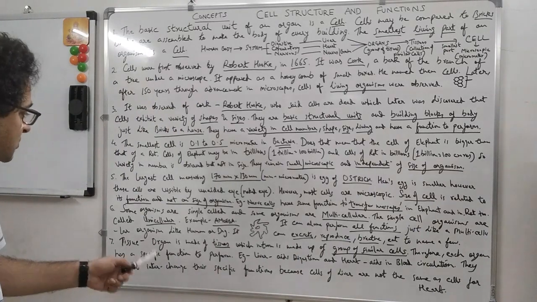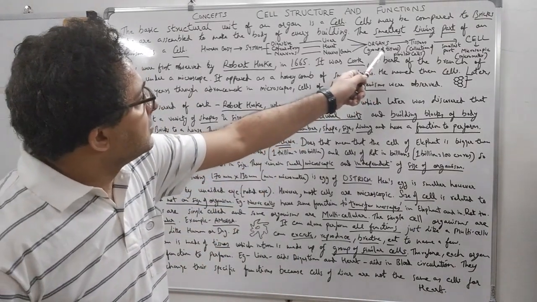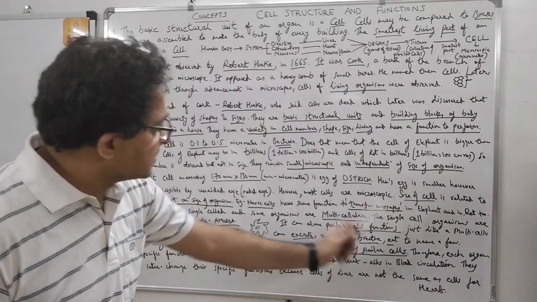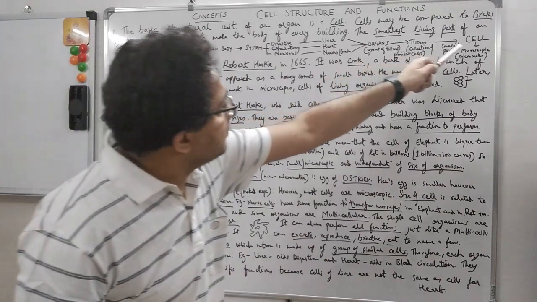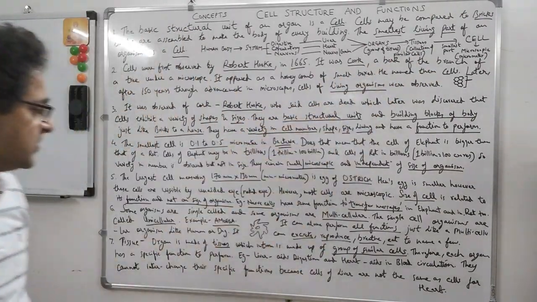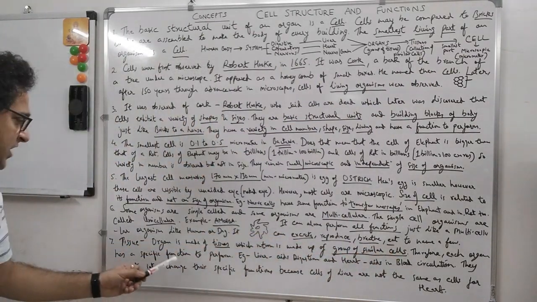Now, an organ is made up of tissues. You see, an organ is a group of tissues, which in turn is made up of a group of similar cells. A collection of similar cells, I explained to you above. Therefore, each organ has a specific function to perform.